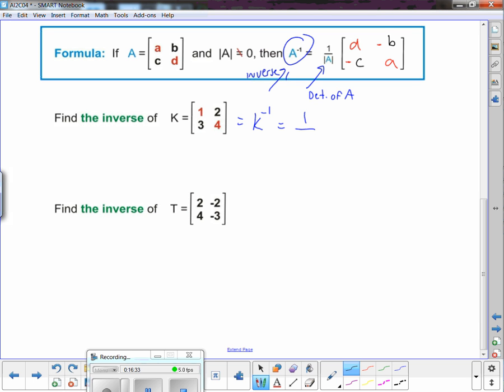So the determinant of K, right? 1 times 4 is 4. Come back the other way, negative 1 times 2 is negative 2. Negative 2 times 3 is negative 6. The value of the determinant of K is negative 2.